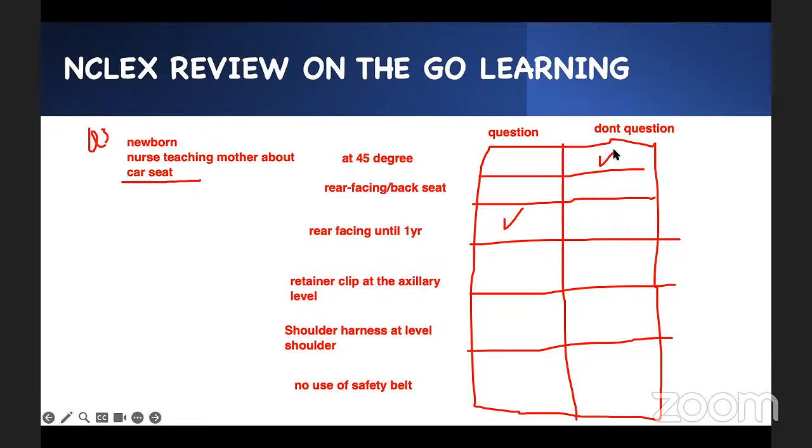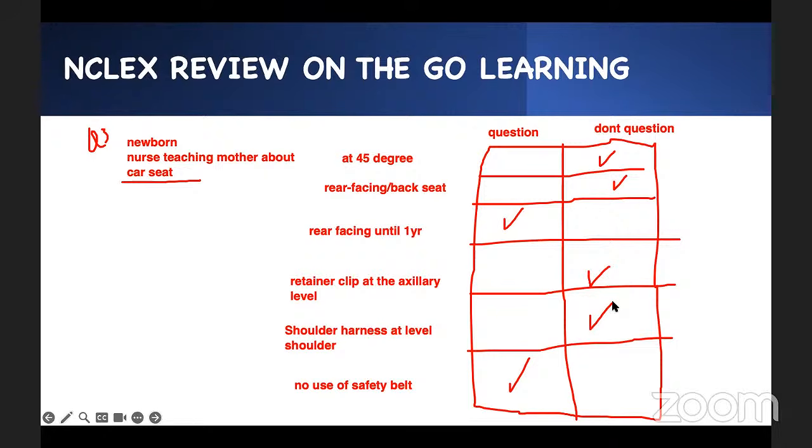Rear facing, no question. 4, 5, 6. Somebody said question number 6. Somebody said number 4, no question. 1, 2, 3, 4. No, don't question. Now there's one more. 1, 2, 3, 4, 5. You said don't question. You guys are absolutely right.